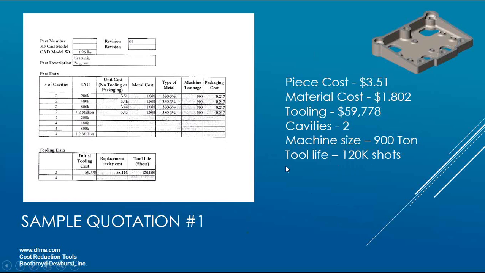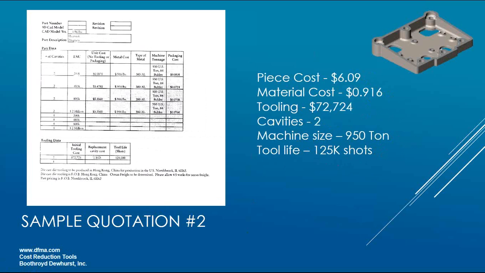So that's quotation 1. The second quotation from a different supplier has similar types of information on it. Their piece cost is $6.09. You don't have to write all this down if you're following along closely. I've got a slide at the end here that sums it all up.